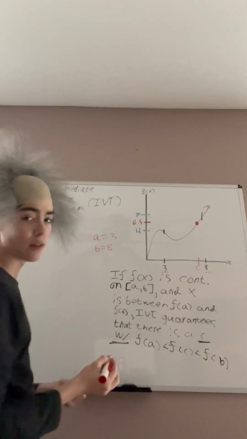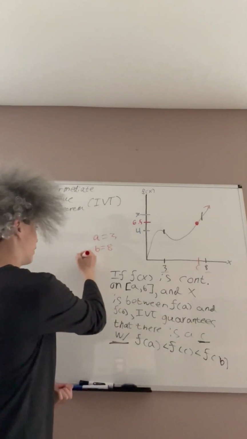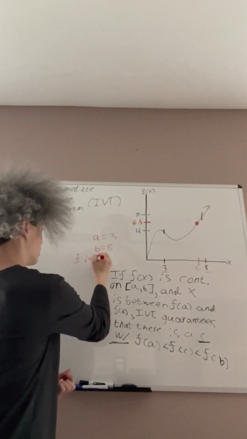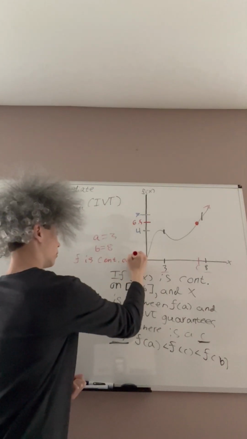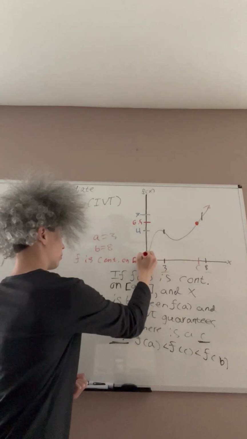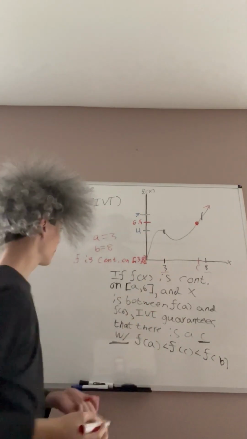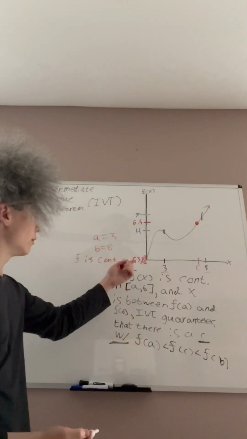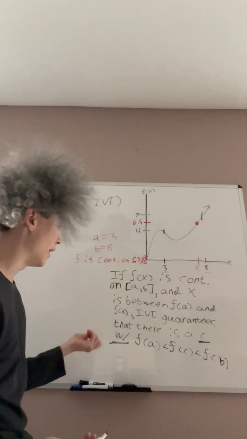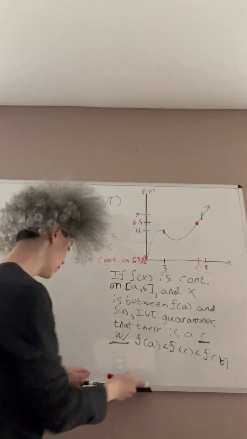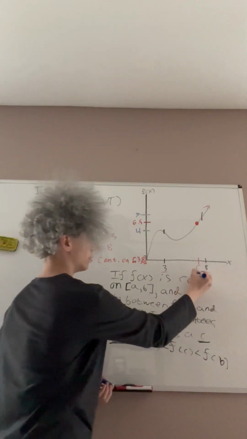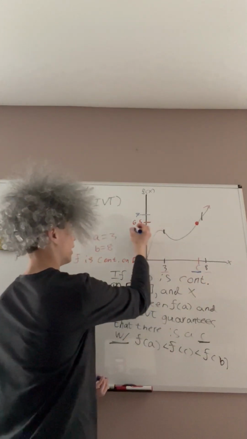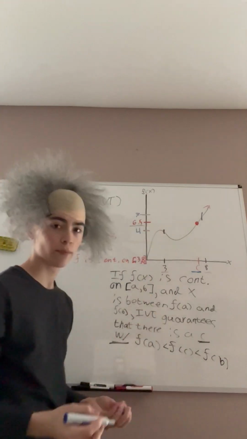Because f of x is continuous on that closed interval, 3 to 8, let's say we are trying to look for a value, and I have written here x equals c and f of x equals 6.5.